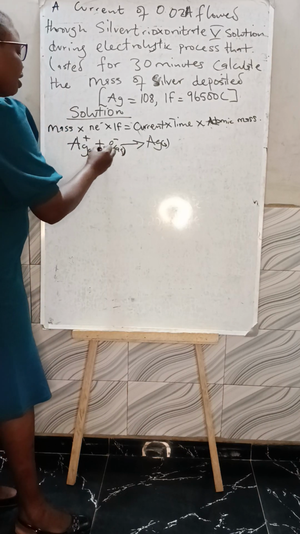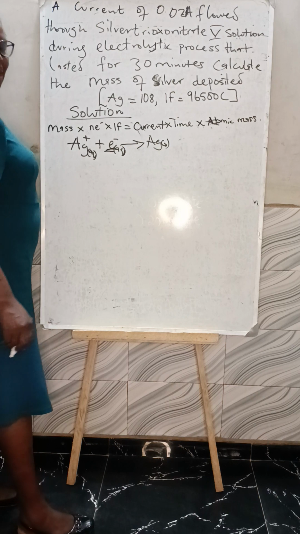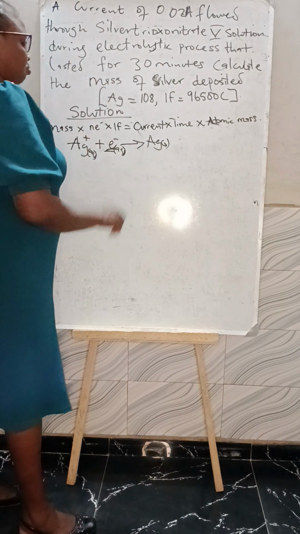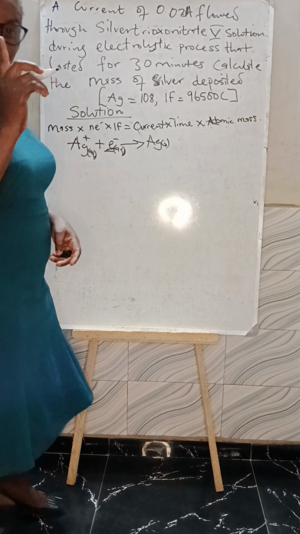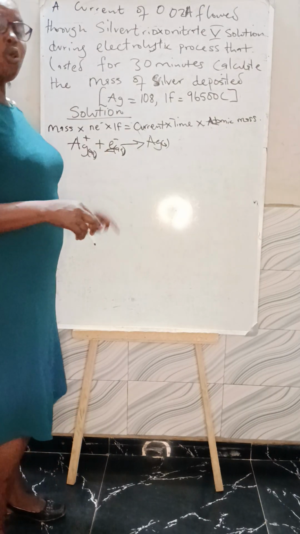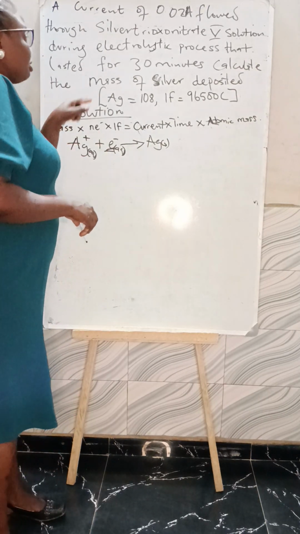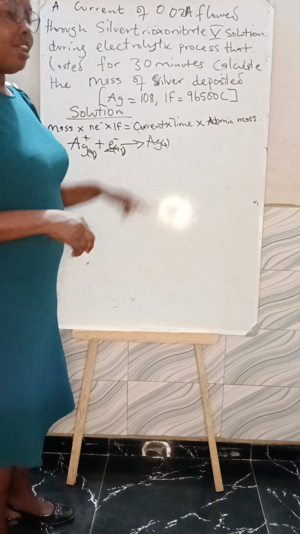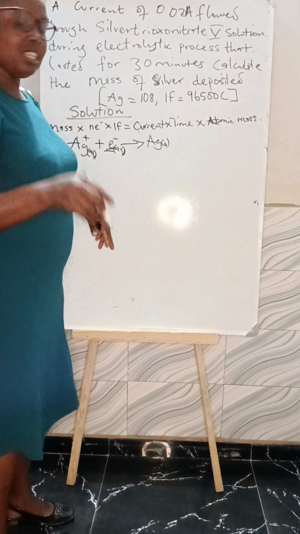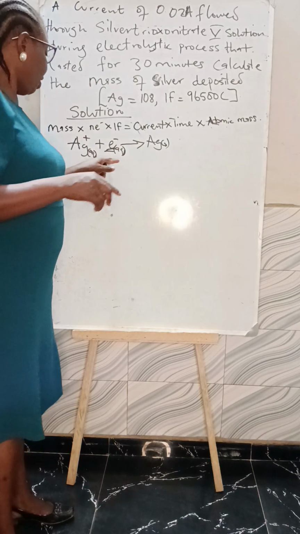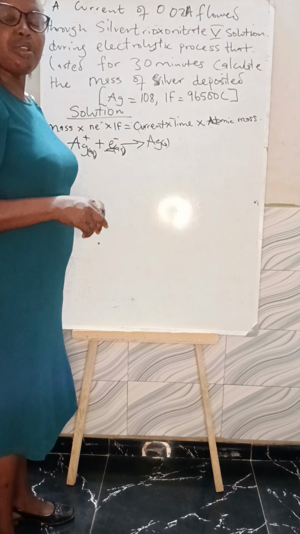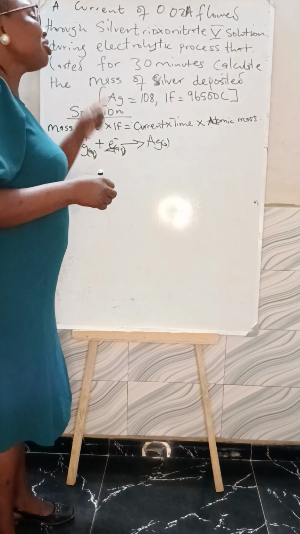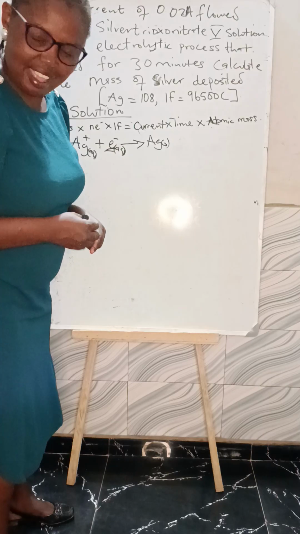So the number of electrons we have there is 1. Assuming that it is copper 2, the number of electrons becomes 2. Assuming that we ask for aluminium, you know that aluminium is trivalent and it's going to be 3. The number of electrons becomes 3.